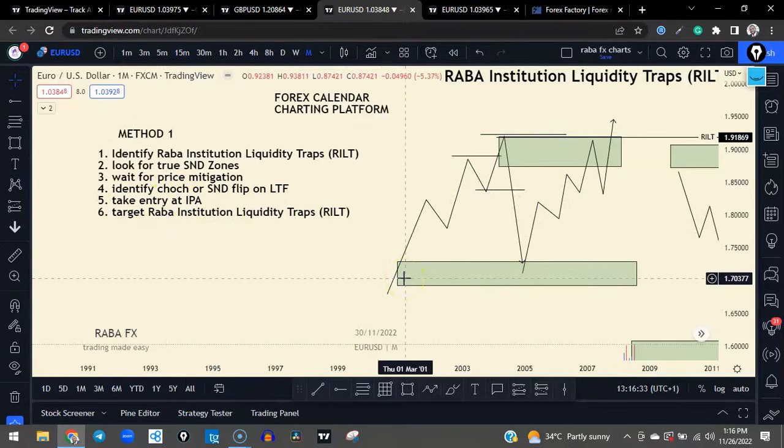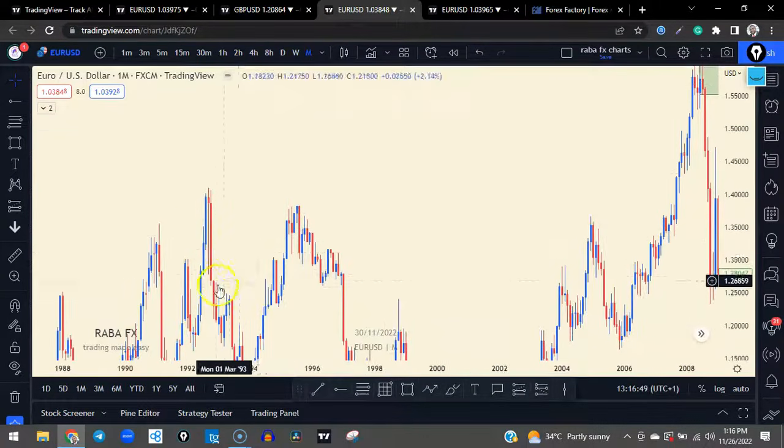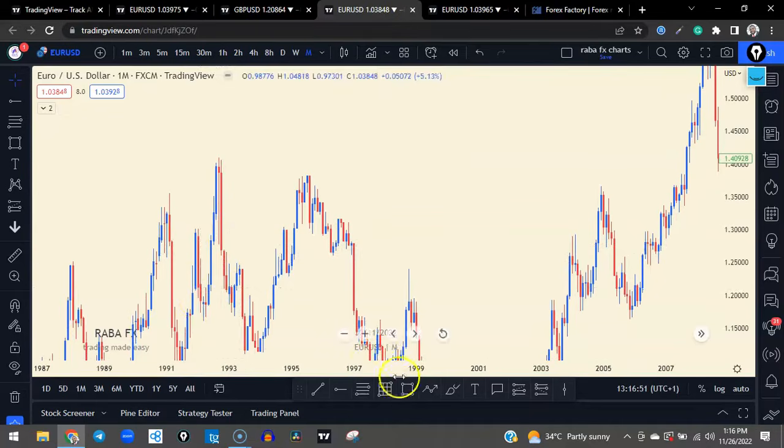IPA are simply the candles that fill up the imbalance. You can execute once price starts taking the liquidity before the IPA is filled. What do I mean? Like in this case here, for example, this is a fair value gap. You can start taking this trade once this first eye is taken.